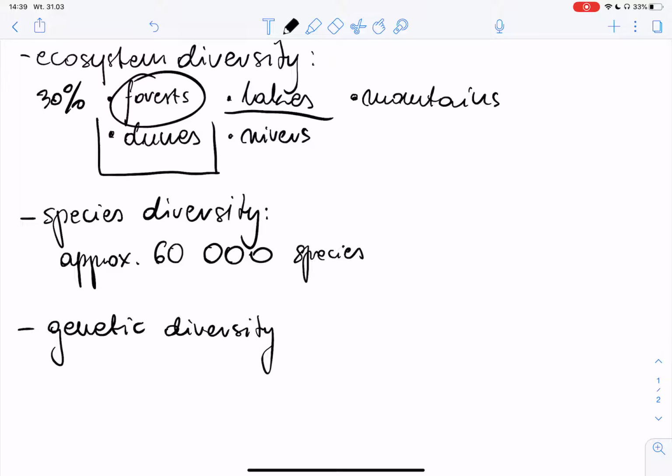So, for instance, some species of doves, gołębie, or crows, let's say, they are so common in here that the genetic diversity among them will be really huge. This means that some of the individuals that live closer to the city centers usually will have darker colors. The ones that live in the rural areas, they will have brighter colors.